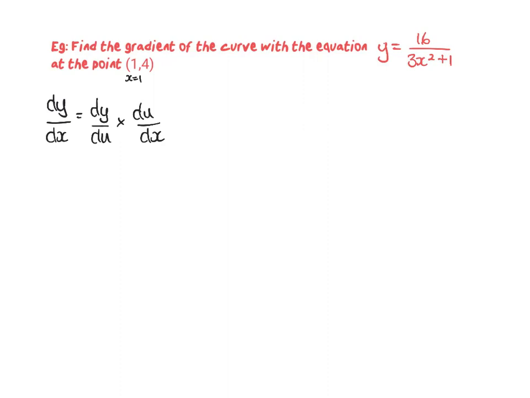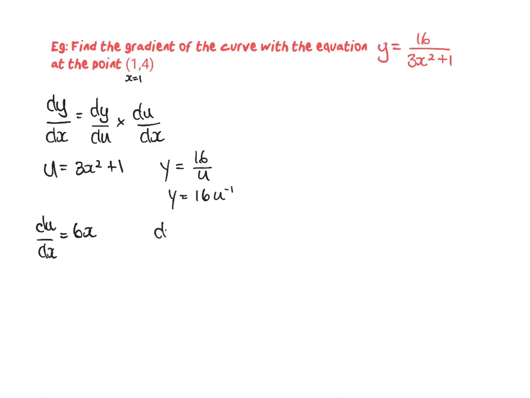I'm going to let u equal 3x squared plus 1, and therefore my formula would be y equals 16 over u. We can also write that as y equals 16u to the negative 1. So now we can find du/dx of the first equation. It'd be 2 times 3, which is 6x, and reduce the power, which would be 1.